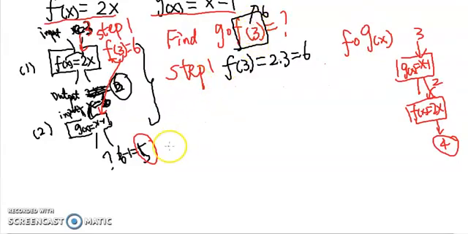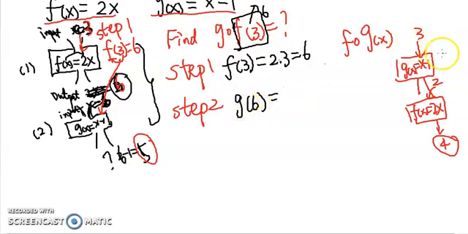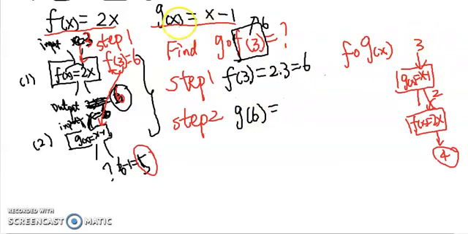So we're going to do step 2. As shown in the graph, we take this number 6 and we plug it into the G function. So geometrically, this is what we do. We have a G now, but this is gone. This is worked out as 6. So we're going to put 6 into the G function. When you do that, you replace x with the number 6, so we get answer 5. So you can do 2 steps when you do this question.